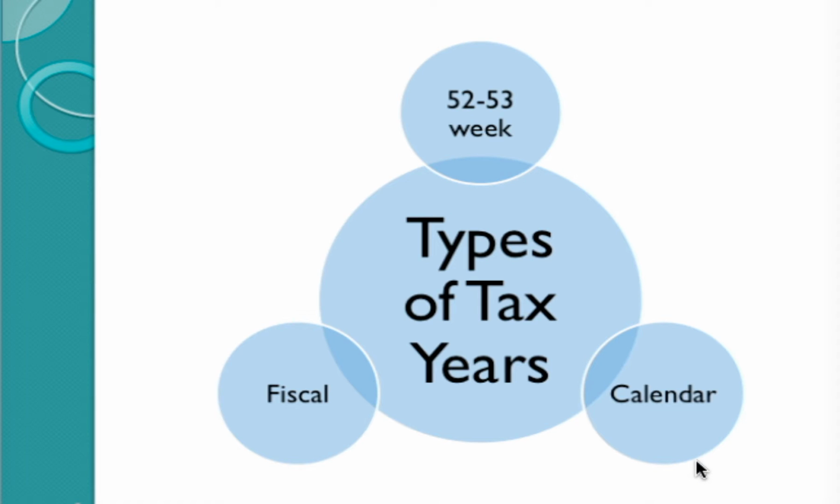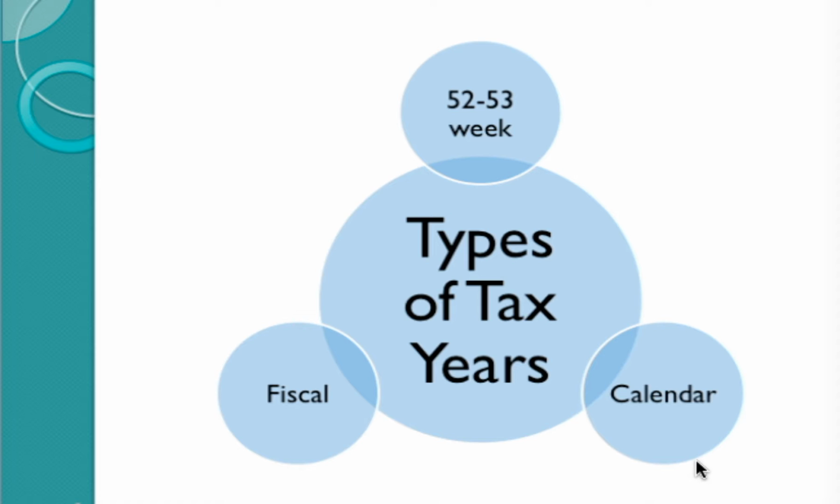The obvious benefit behind that would be the ability to have the last day of your year coincide with the last day of a pay period, so you're not having to worry about various accruals and other accounting and tax complications that may arise from other types.